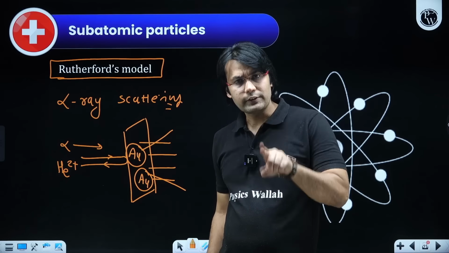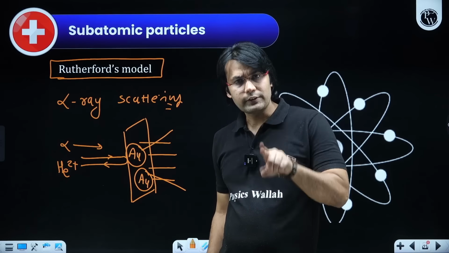And I hope you know that for all electromagnetic waves, we have a classification: gamma, X, UV, visible, infra, micro, radio. But for all the electromagnetic waves, we assume that their speed is equal to speed of light, and this term is constant.